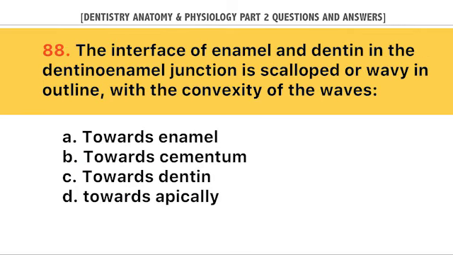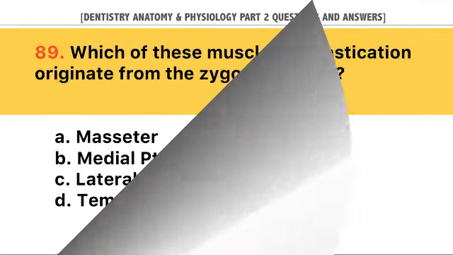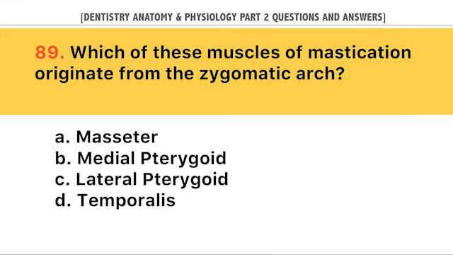The interface of enamel and dentine in the dentino-enamel junction is scalloped or wavy in outline, with the convexity of the waves A. towards enamel, B. towards cementum, C. towards dentine, D. towards apically. Answer: C. towards dentine. Which of these muscles of mastication originate from the zygomatic arch?